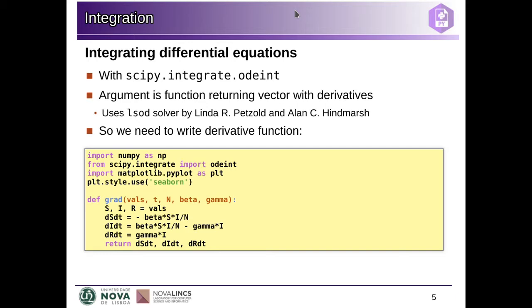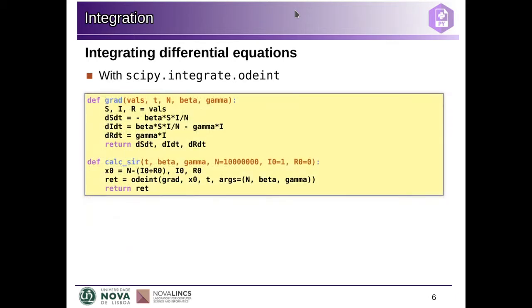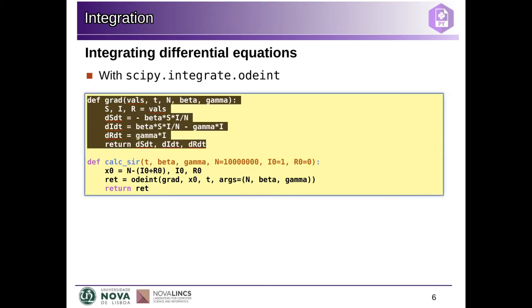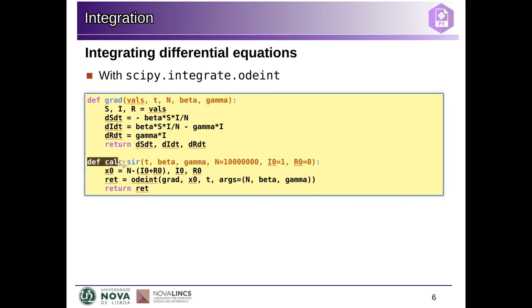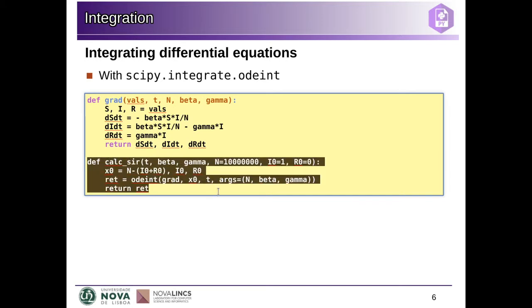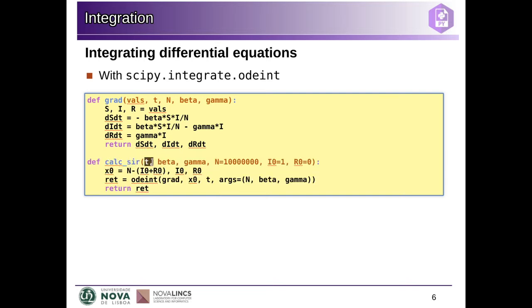So once we have this function, now we can just plug it into the int function. So this is our gradient function. This is the function to compute the values for the model. So let's say we have a vector of time steps we want to compute in.